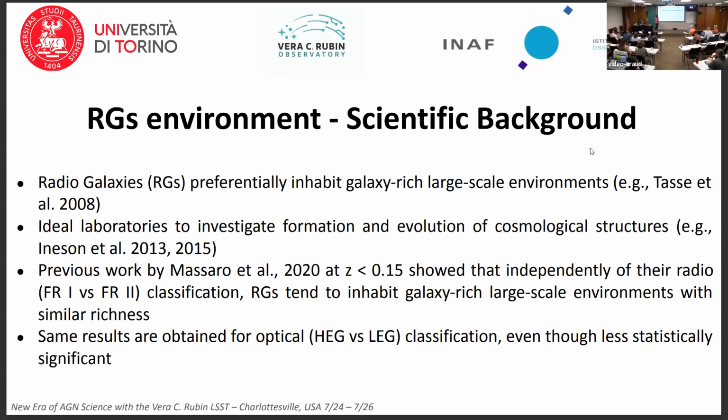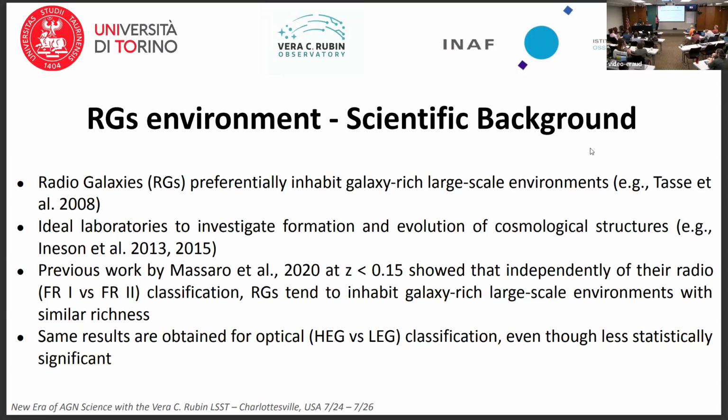Some previous work was done by Francesco Massaro, who studied the radio galaxies in the local universe, at redshift lower than 0.15. He showed that independently of the classification, radio galaxies tend to have the same richness. But his results were obtained with less statistical significance, for example, for the optical classification of radio galaxies.